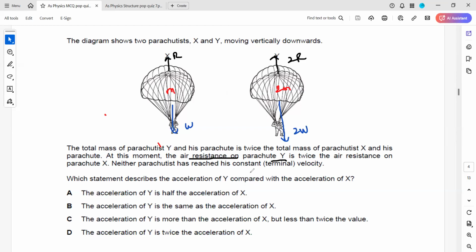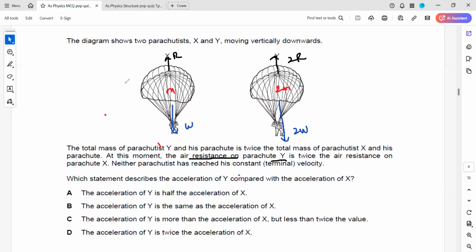Because both of them did not reach the constant velocity, there must be a resultant force. And for the parachutist, the resultant force is always acting downward. For example, when they are moving downward, the resultant force is downward.